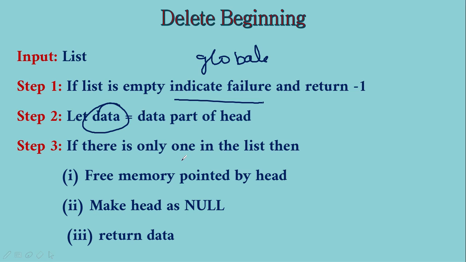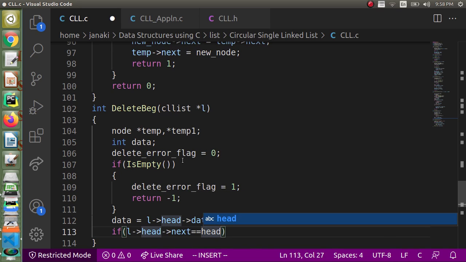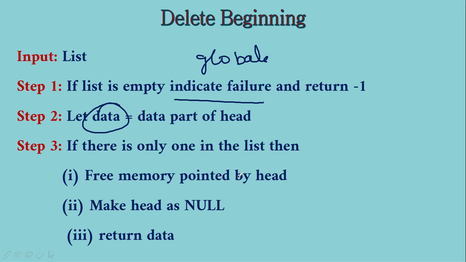Then I have to check if there is only one node. How can I check that? You have to check whether the next part of the head is equal to head. Equal to head means it is inside L in C. So you have to say if L head next is equal to L head, then you can understand that there is only one value in the linked list.